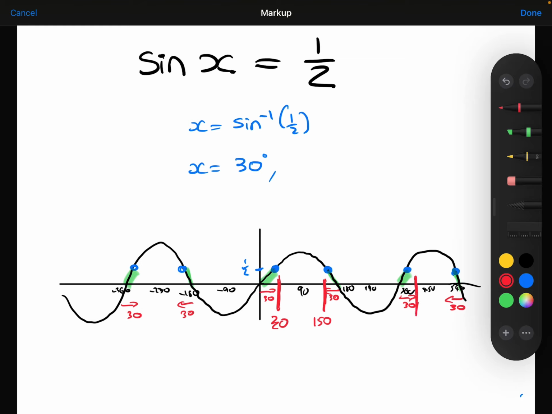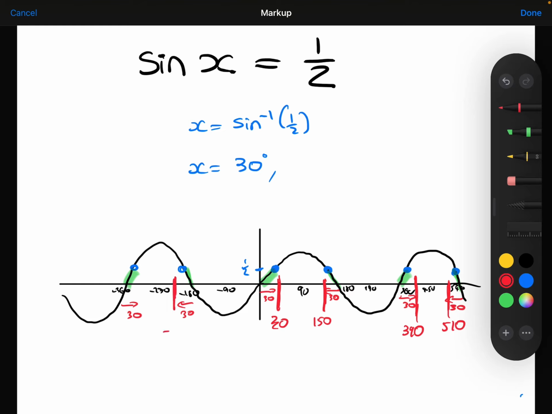This angle here would be 390, because 360 plus 30 is 390. This angle would be 510, because 540 take away 30 is 510.